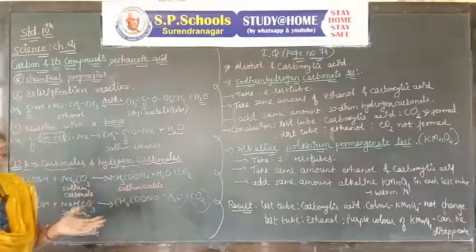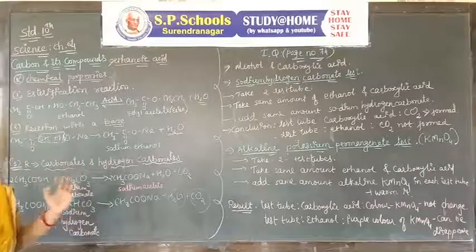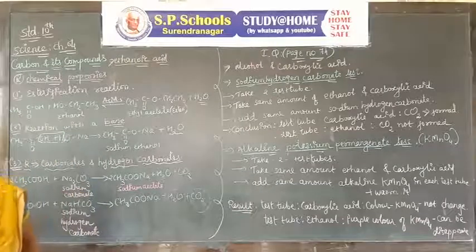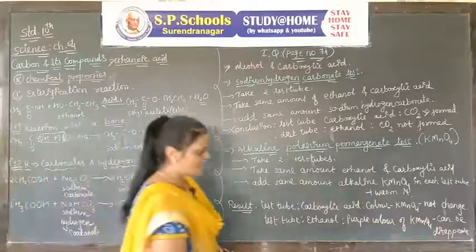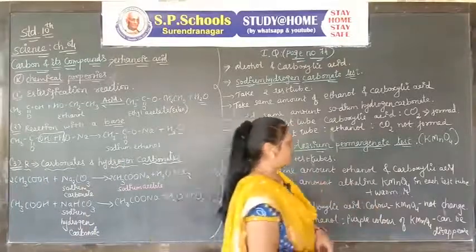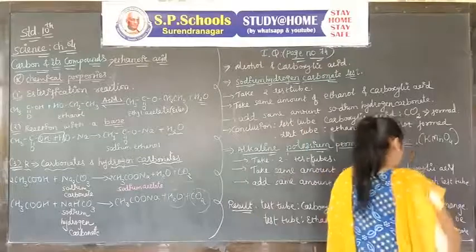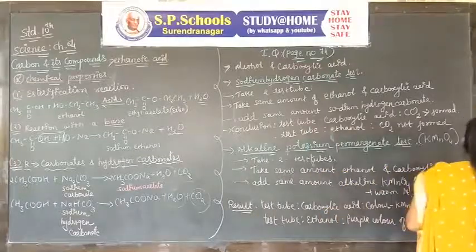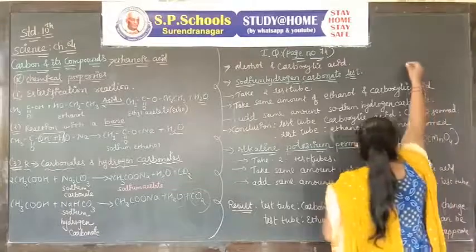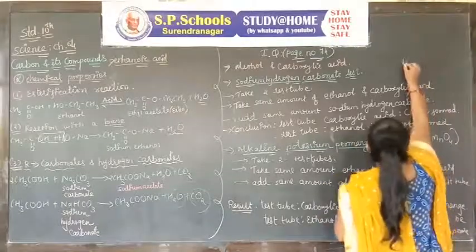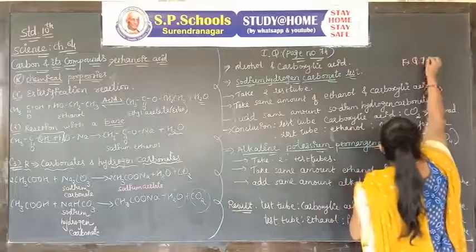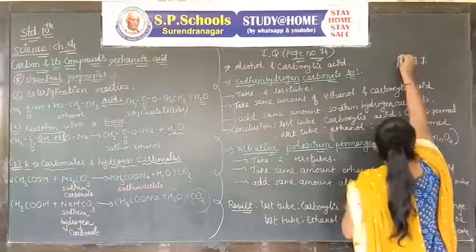Here we studied two important carbon compounds, ethanol and ethanoic acid, on the basis of their properties and two tests. You have to write exercise question number 7 yourself.